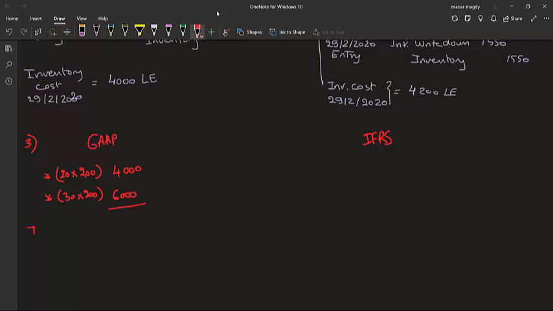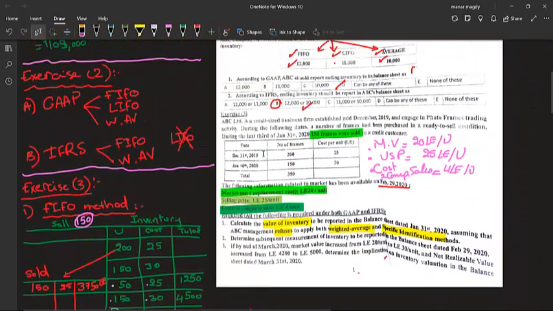So the total increase in the market value equals 2,000. If we revise the rules of GAAP, we will remember that the reversal of a write down when there is an increase is not allowed. So there is no journal entry and no inventory reversal. While under IFRS, the net realizable value increased from 4,200 to 5,000.